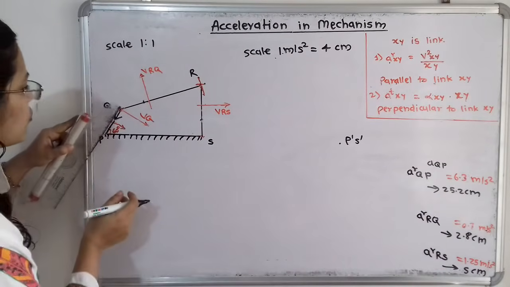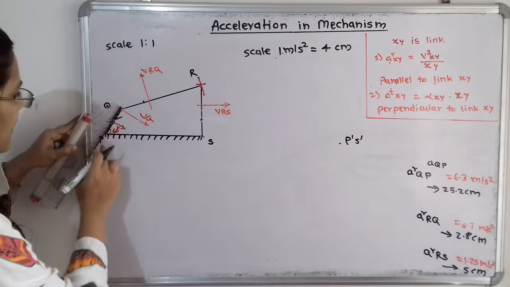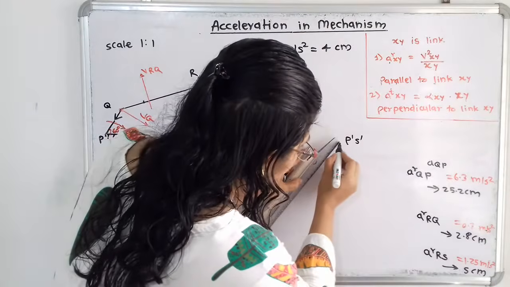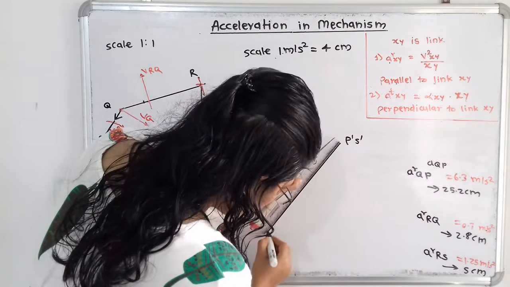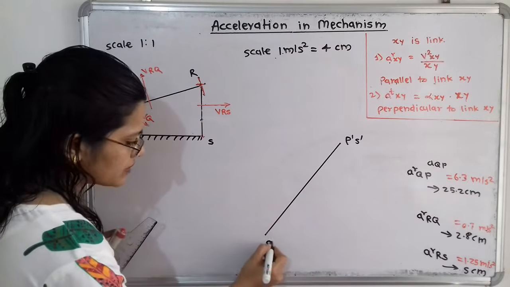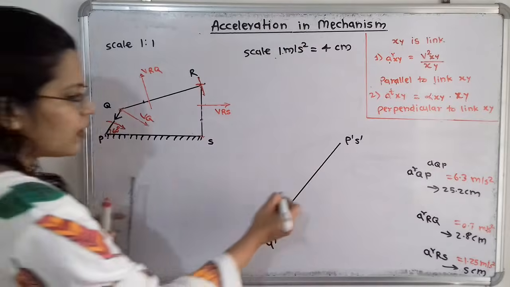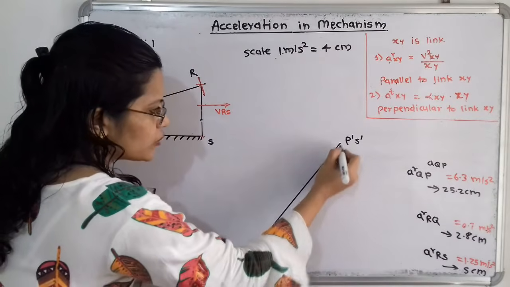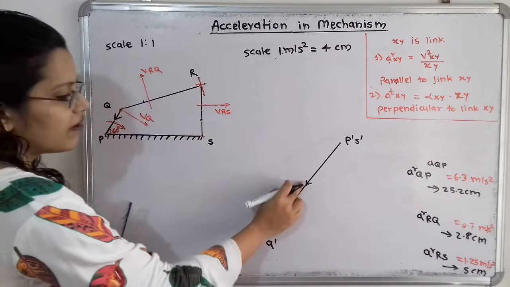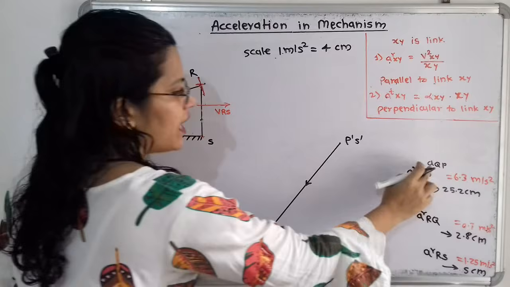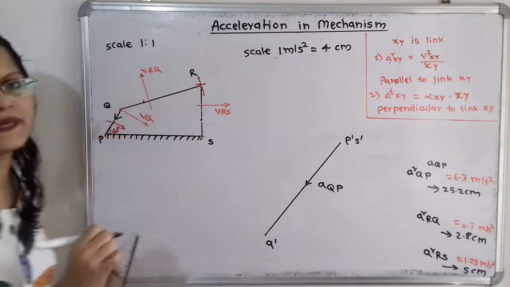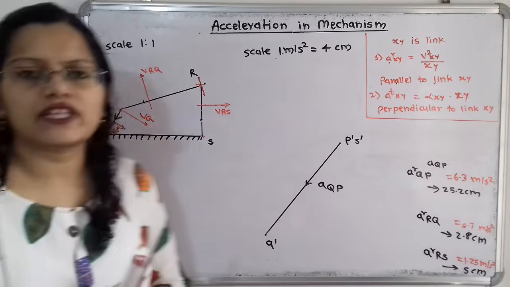That is the scale we have to use. So I will take the line parallel to PQ and transfer it to the acceleration diagram. This end point is the point Q dash. The initial point is P dash and the final point is Q dash. This is the direction, and for this I will use AQP, the acceleration of Q with respect to P.